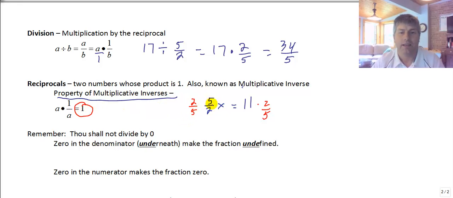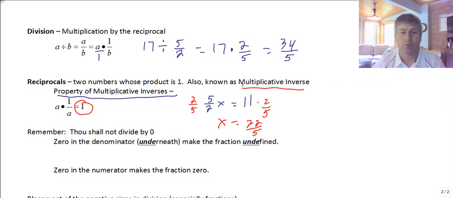So we've isolated 1x. We use the property of the multiplicative inverse all the time in solving algebraic equations. So we get x equals, what would that be, 22/5. Now we're getting ahead of ourselves, but that property is going to come into play very frequently in our algebraic future.